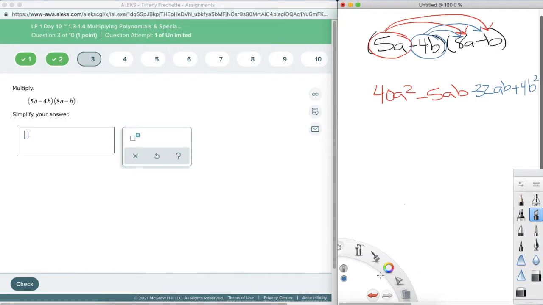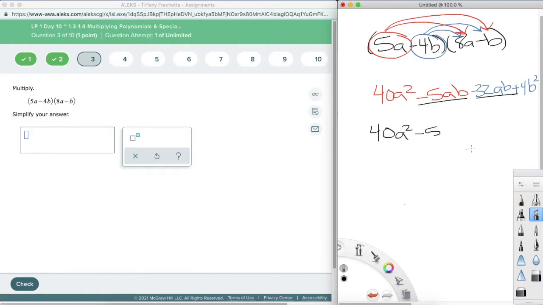All right, so I'm going to go back to my original color here. So we just want to combine our like terms, which again should be in the center there. If they're not in the center, it's all right if somehow you kind of multiplied out of order. I definitely would suggest multiplying in an order like this so that you make sure you've multiplied every piece together because you don't want to miss anything. All right, so we have a negative and a negative. So I'm going to add them together.